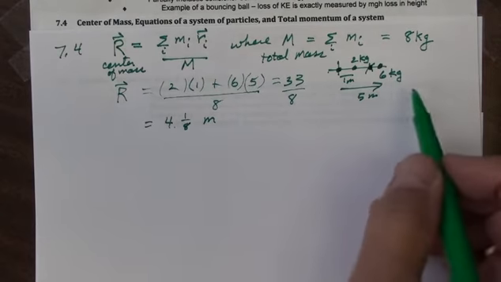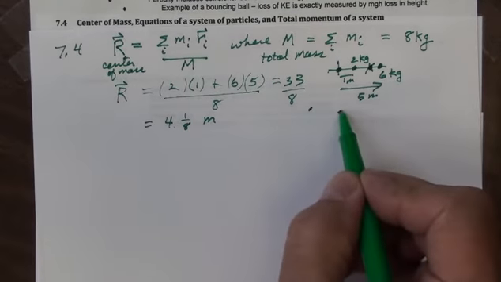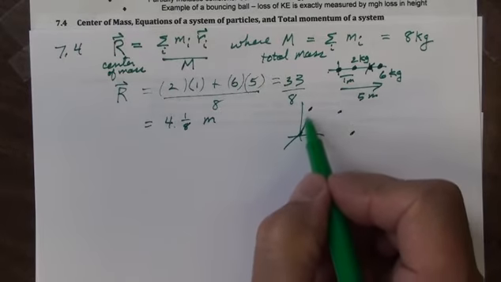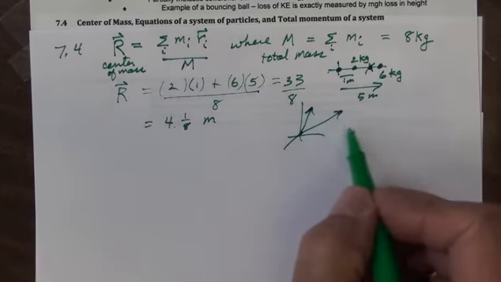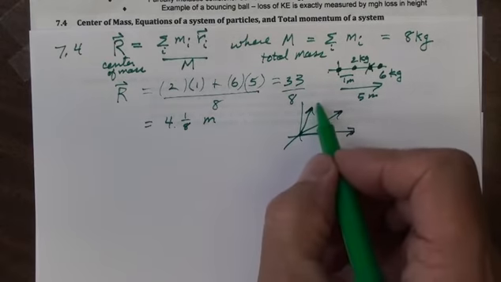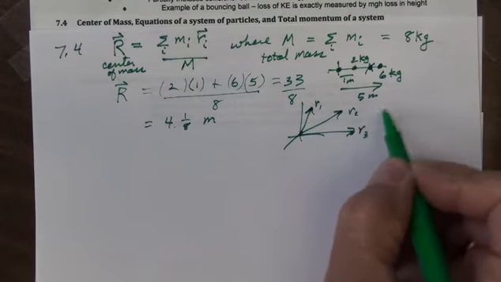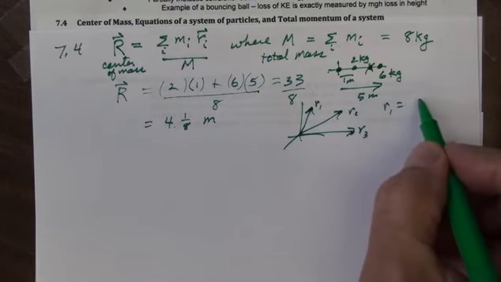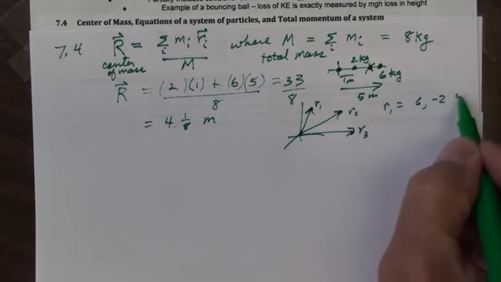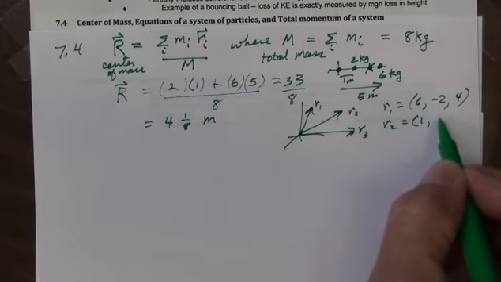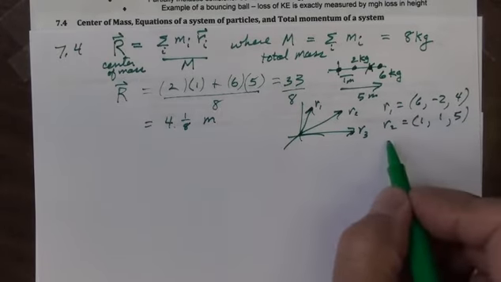If these masses were spread out in three-dimensional space, then we'd look at the vectors that went to them, and we'd have vectors R1, R2, and R3. R1 might be the vector 6, -2, 4. R2 might be the vector 1, 1, 5.